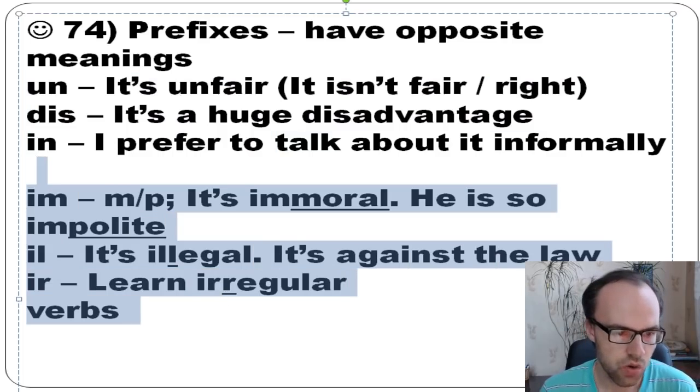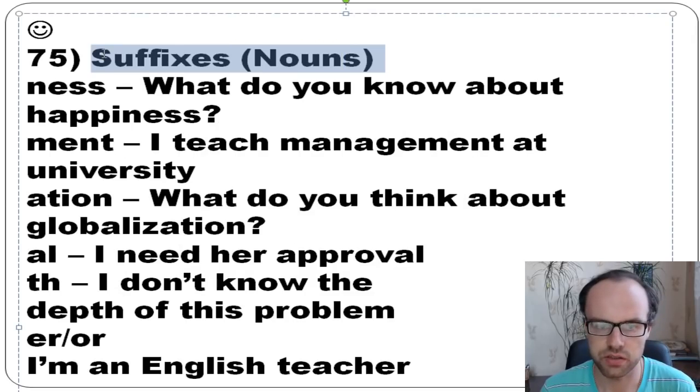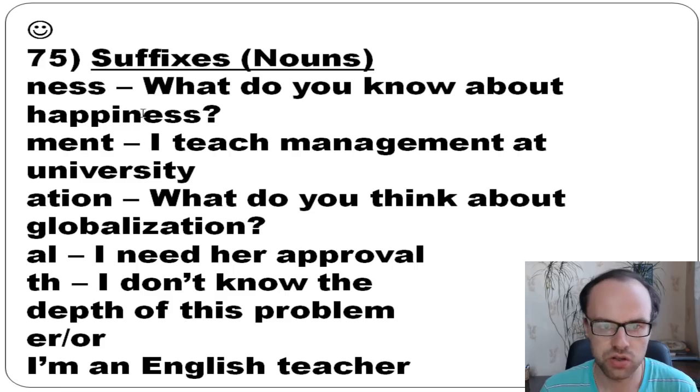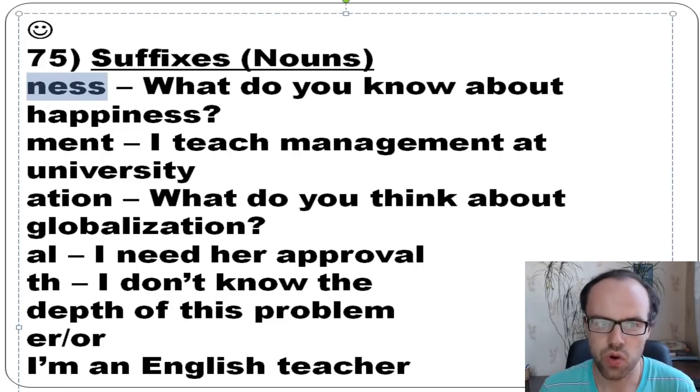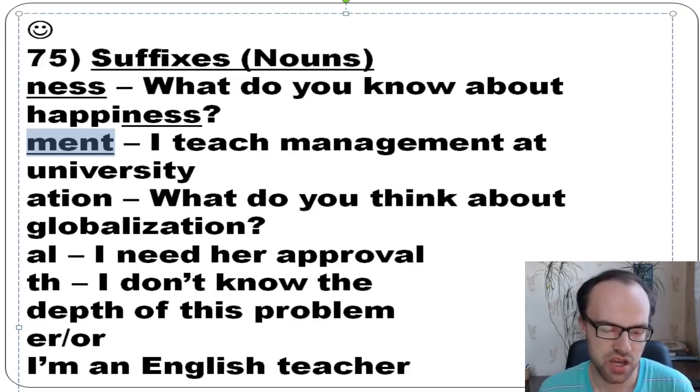Okay, good. Well, what about suffixes? Some suffixes for nouns. So you see, goodness. So what do you know about happiness? Happiness. So it's a suffix for nouns. -ment. I teach management at university. Yeah, that's true. I taught management at university, and you know that I worked at university for about 6 years full time.